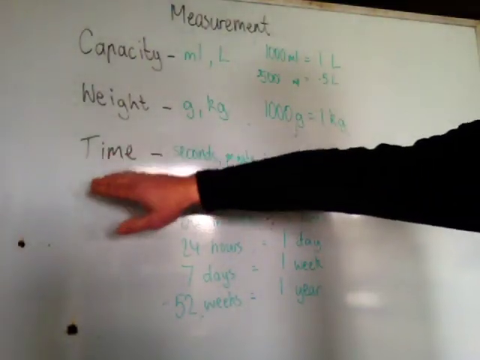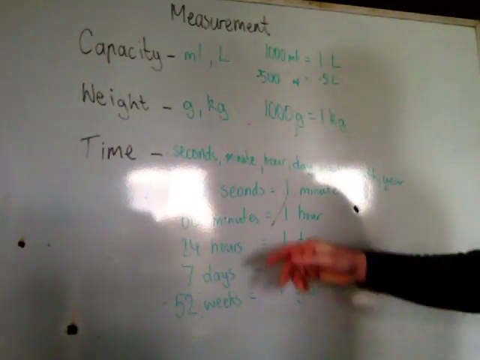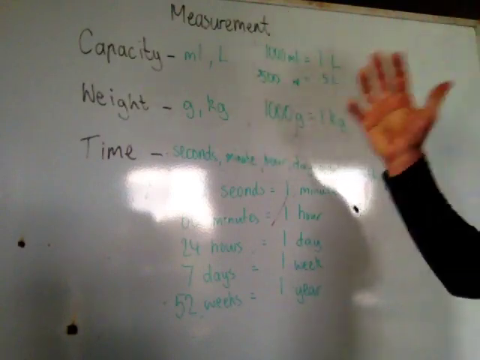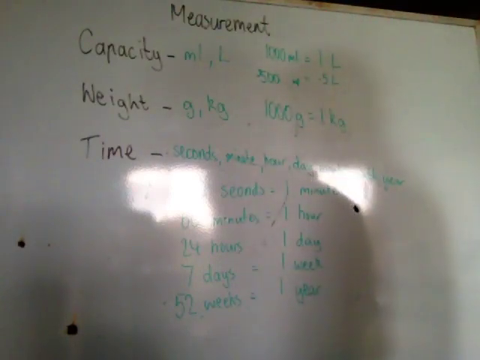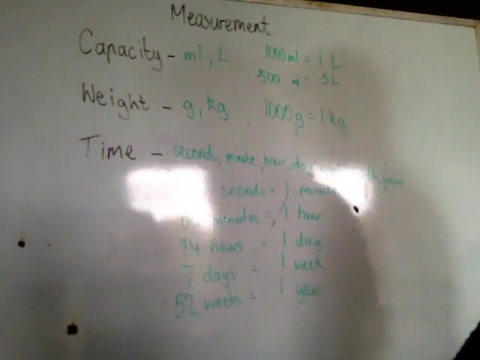Okay, then we're going to be working on time. Now time is a little bit more difficult because people think, oh yeah, we're working in hundreds, powers of 10, we've got tens, hundreds, thousands and so on. Problem with time, it works in 60s for a lot of it. Okay, so for example in time, there's a lot more units of measurement.